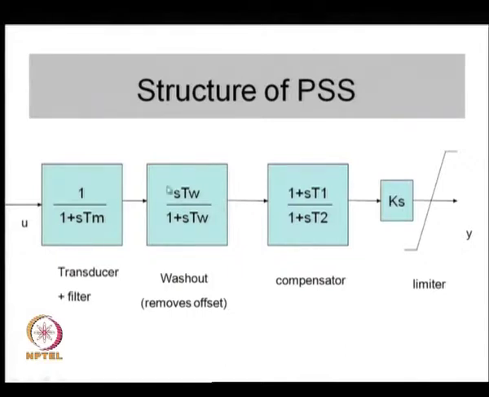Okay. But this washout circuit here is very, very important. The point is that a power system stabilizer should give 0 output under steady state conditions. So, adding this block in cascade with the other blocks of a PSS ensures that the output here is 0 in steady state. Okay. A compensator block gives a phase shift.